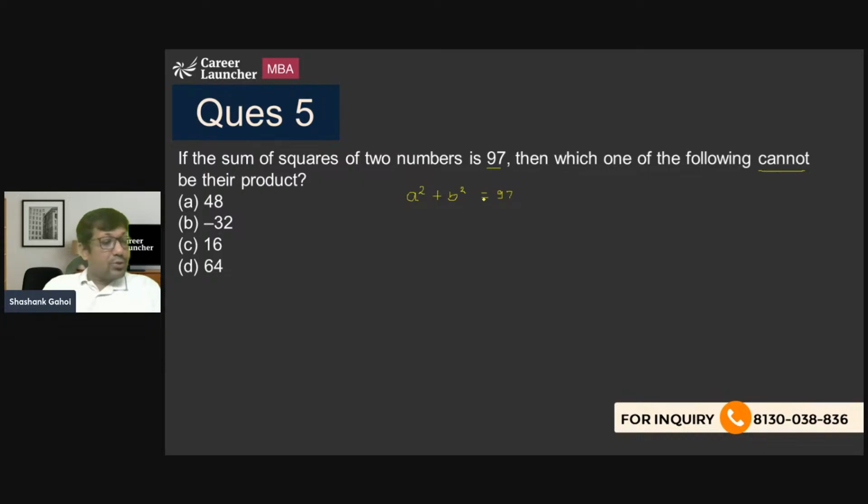are those numbers integers? I don't know. So I'm not going to assume the numbers are integers. Okay. So what I'm going to think of, a plus b whole square is equal to a square plus b square plus 2ab.